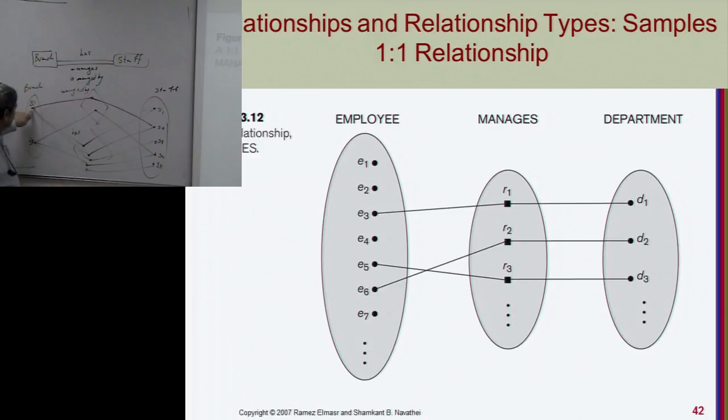So B1 and B2 are entity occurrences. Entity type, entity occurrence, right? Now, what is this has and what are these black lines here? Relationship occurrence. Exactly. So this is a relationship type.